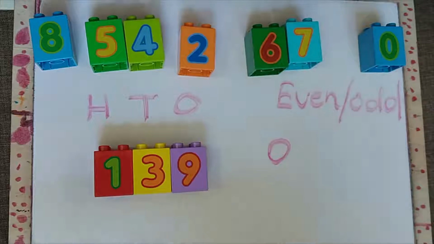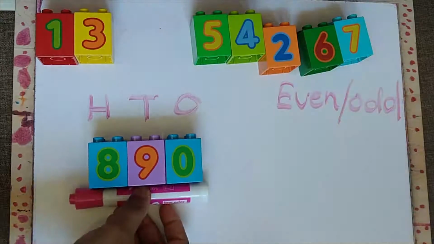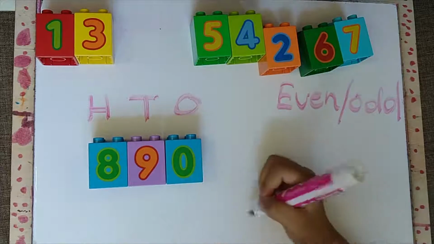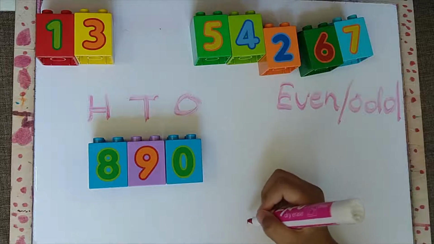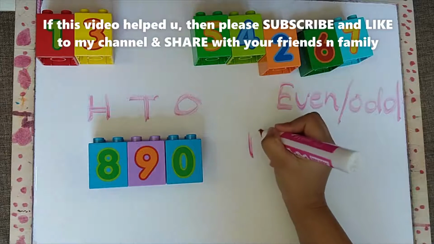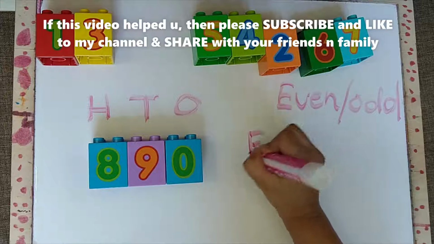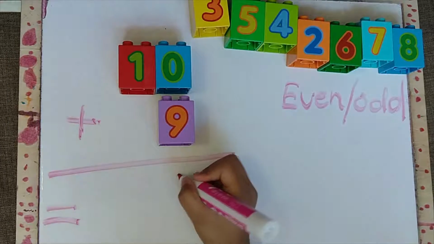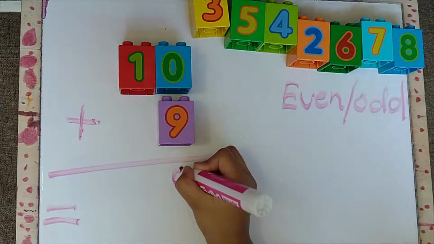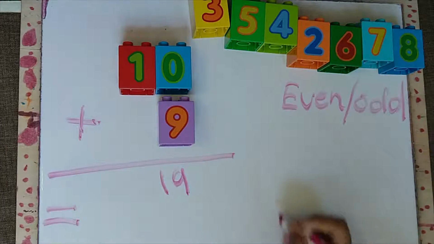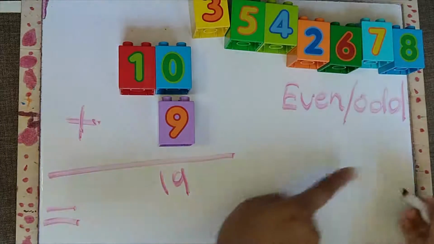Only O. Yes. 890. Is it even or odd? Even, because this 0 makes it even. Is it even or odd? E or O.